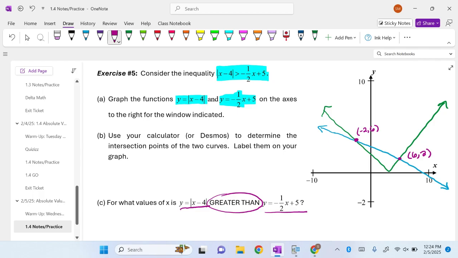Look at our sketch. Remember, we're looking for x values. Where do you think I would shade so that my values for my absolute value graph would be greater than my values for my linear graph?